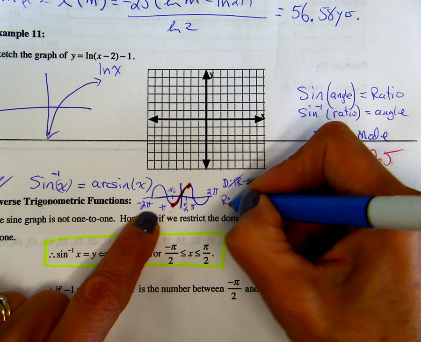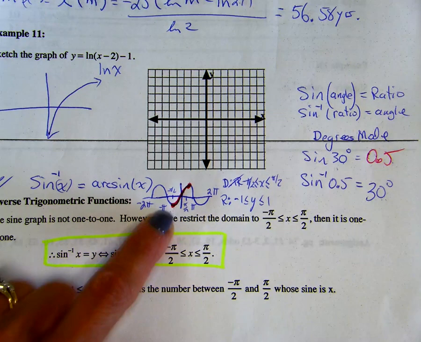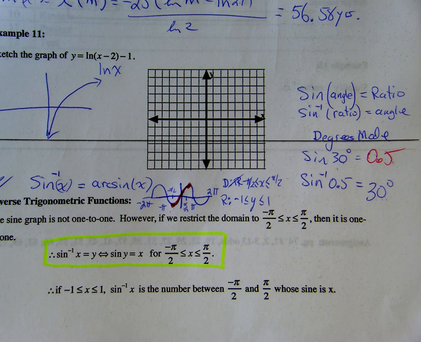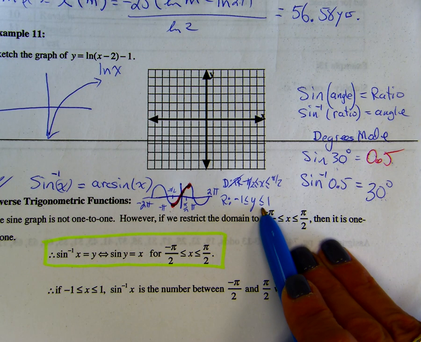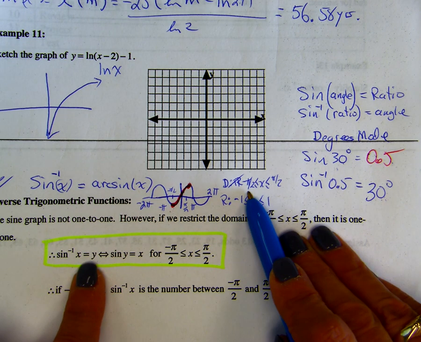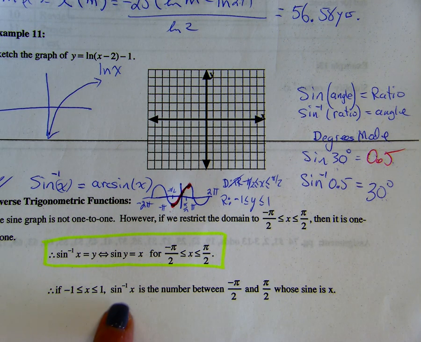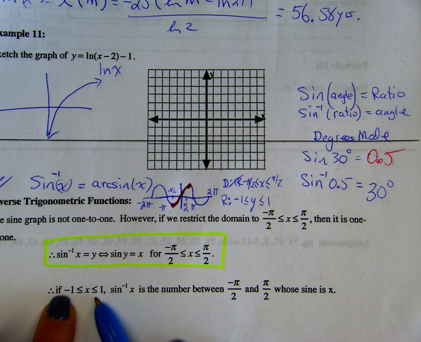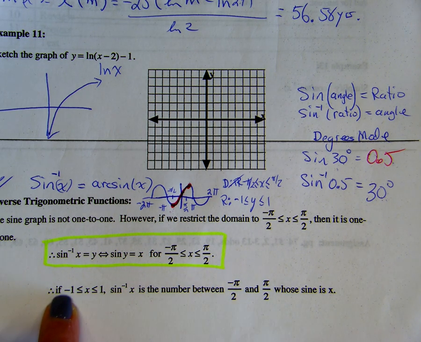And our range was from negative 1 to positive 1. When we take the inverse, our domain will be from negative 1 to positive 1. And our range will be from negative pi by 2 to positive pi by 2. So for sine inverse, then the number you put in has to be between negative 1 and 1, and the number you get out will be an angle in either the 1st or the 4th quadrant. And then you're going to have to interpret that answer in context.